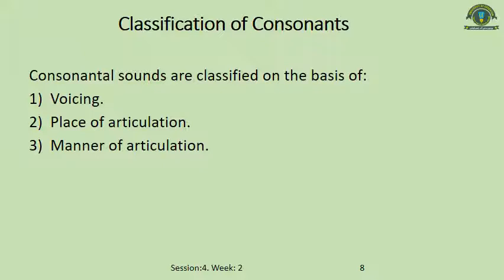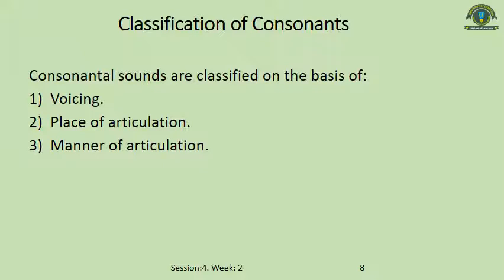But this time, remember, we can classify the consonants on certain bases. These bases are very important to understand. Why? Because we have to classify the consonants not now but in the coming days as well. And you must understand that there are three bases primarily on which we can classify any consonant.